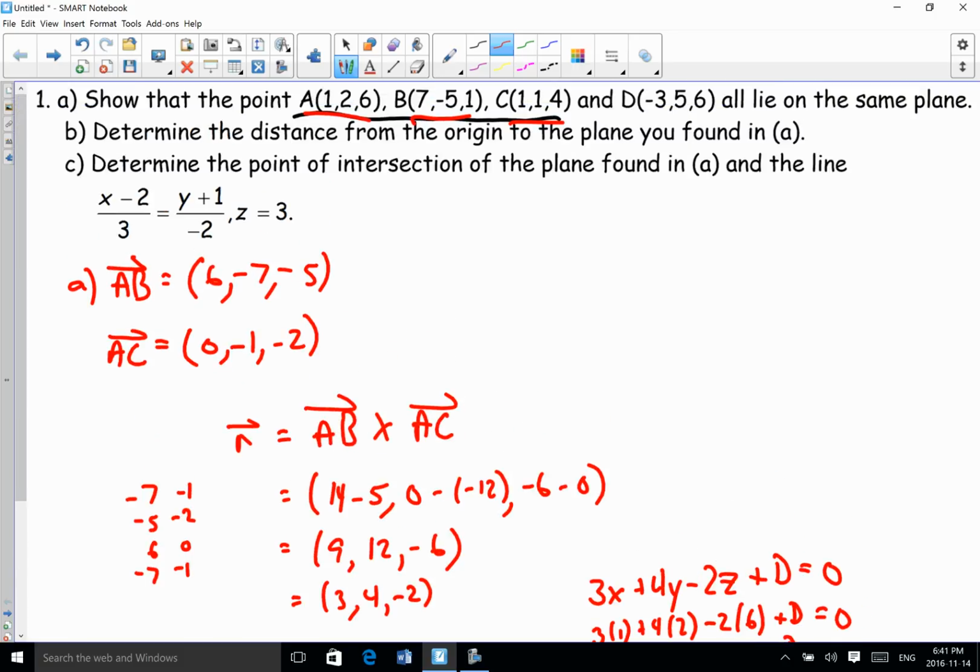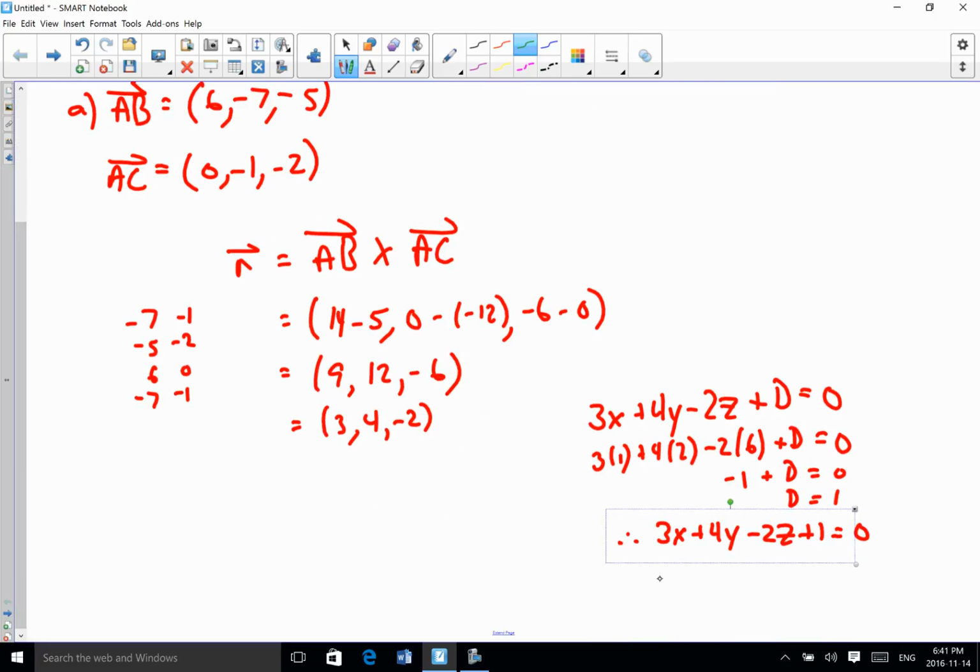The only thing we need to check now, does point D also lie on that plane? So -3, 5, and 6 can go in for your x, y, z. So -3 for the x, 5 for the y, and 6 for the z. And we're going to check does it come out to 0 or not.